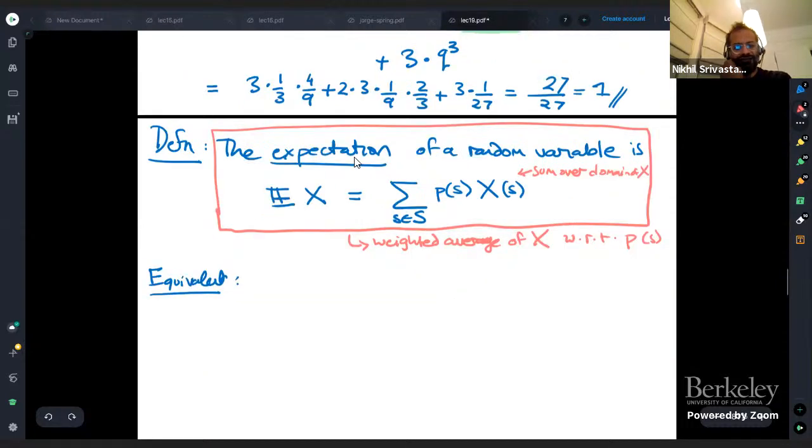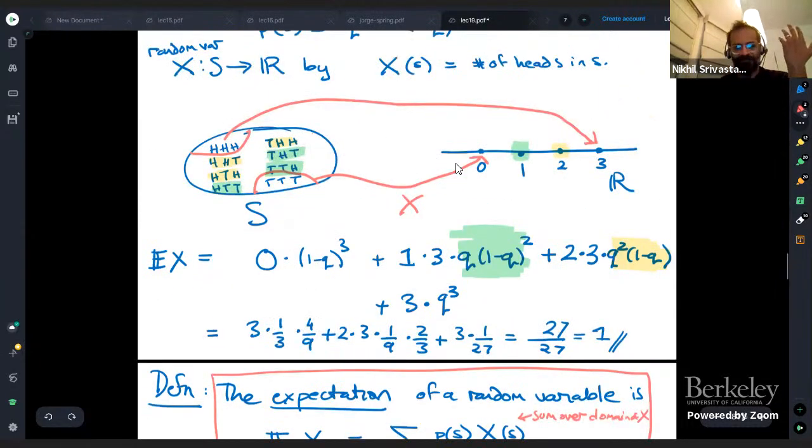But in practice and in most cases, what you really do is you group the terms by the value that the random variable takes, right? Like in this example, we didn't add up 8 terms. We grouped the terms depending on what values the random variable took, namely 0, 1, 2, and 3. And then we multiplied each one by the probability that the random variable is equal to that value.